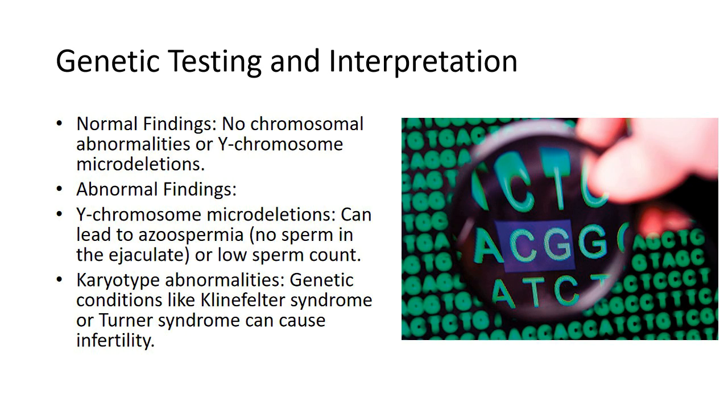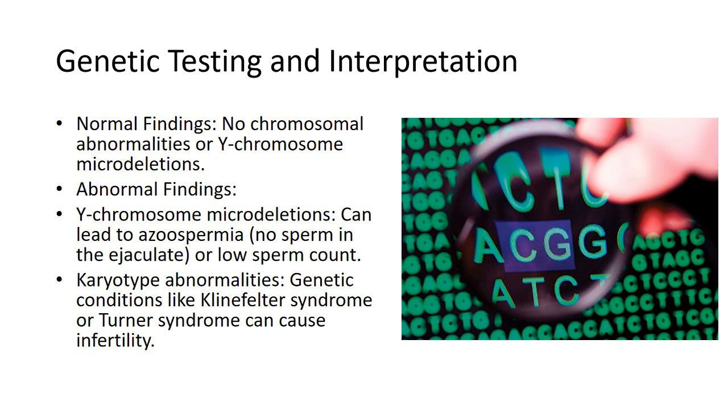Genetic testing. Genetic testing for conditions such as Y chromosome microdeletions or karyotyping can provide information about inherited factors that may contribute to infertility. Normal findings. Normal karyotype with no deletions or mutations affecting sperm production. Abnormal findings.